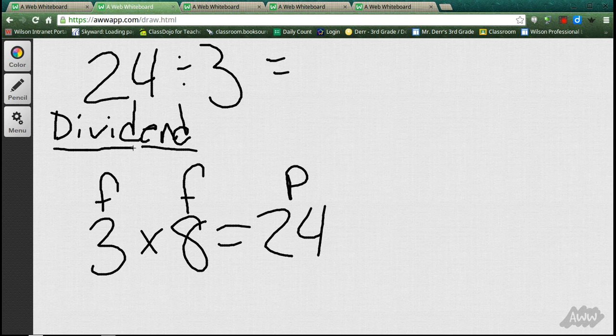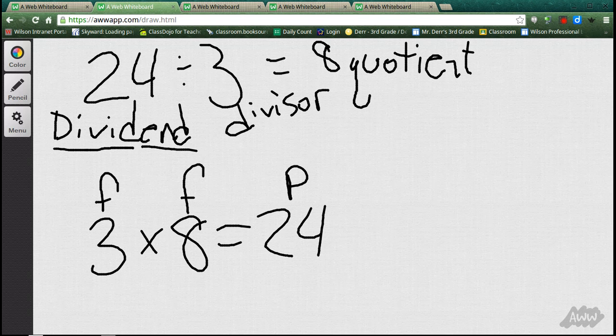And then we look at the next number, and the next number is the divisor. Divisor is the number you divide by. So 3 here is our divisor. We are dividing by the divisor. And our answer, which would be 8, is called our quotient.